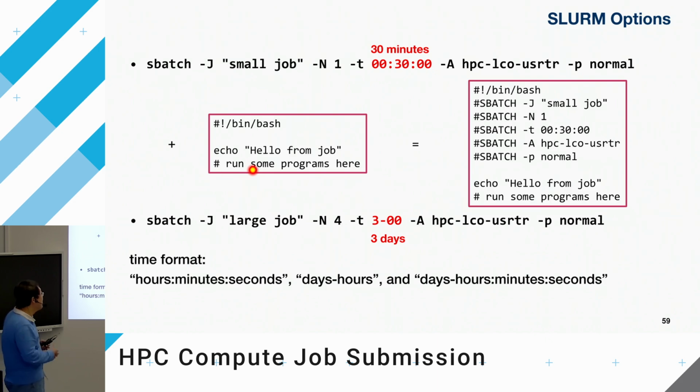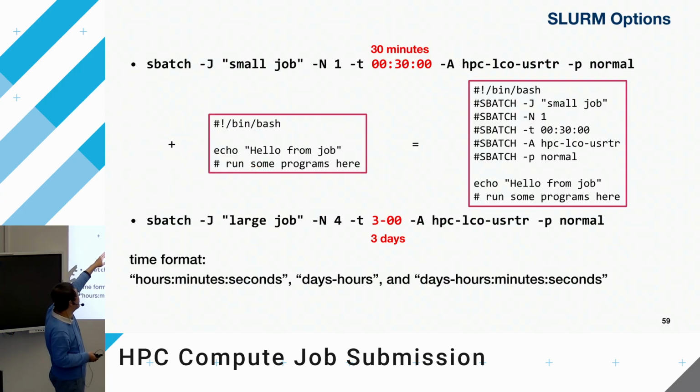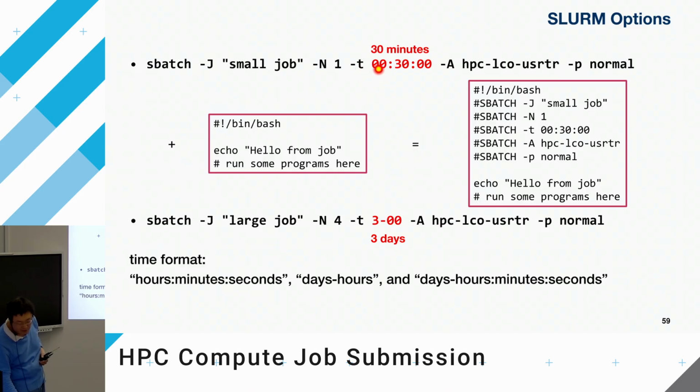And for those options, you can use them to submit your job in 2 different ways. One way is to specify those options on the command line, like sbatch followed by those options. Here, minus t 0030 means 30 minutes.